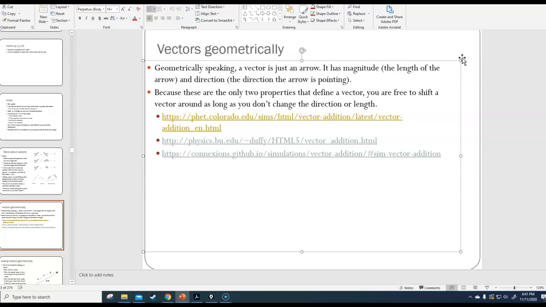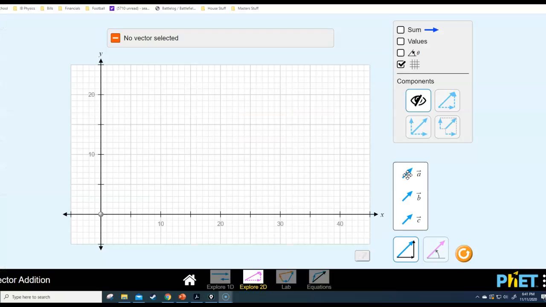Now, a vector is defined by its magnitude and direction, which means that as long as you don't change either of those two quantities, you can shift a vector around. And when I say that, here's what I mean. Okay, so imagine I have a vector here. This is vector A, and it has some magnitude and it has some direction. You can see up here the magnitude of this vector is 26.9.